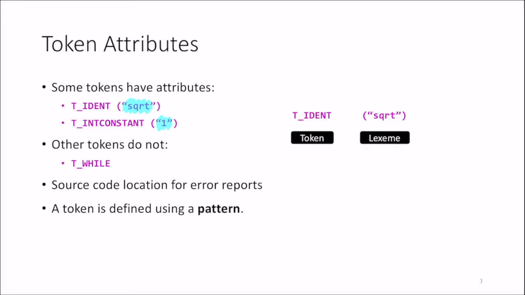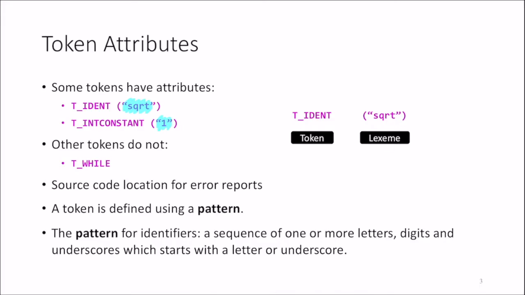So a token is defined using a pattern. For example, a pattern for an identifier could be just something you write down in English as a specification, which is a sequence of one or more letters, digits, and underscores, which starts with a letter or underscore. It's a way of describing what identifiers should look like in this particular programming language.